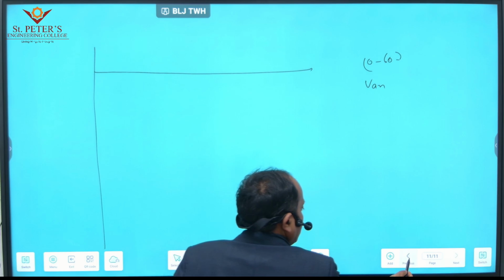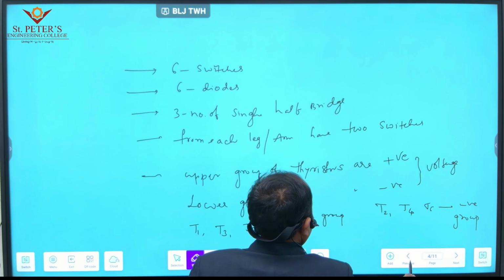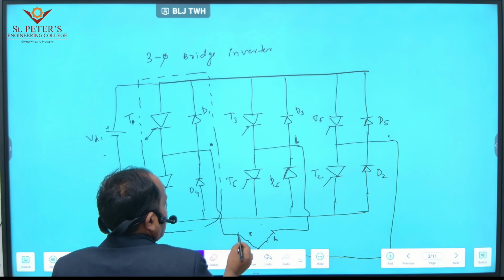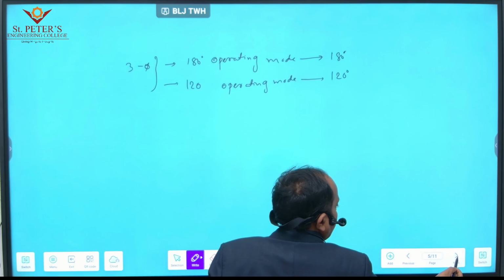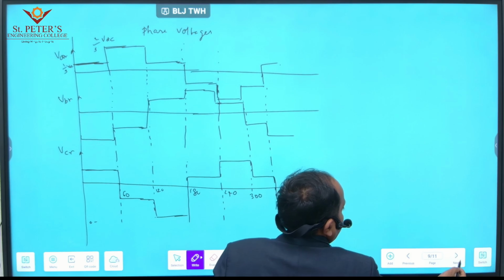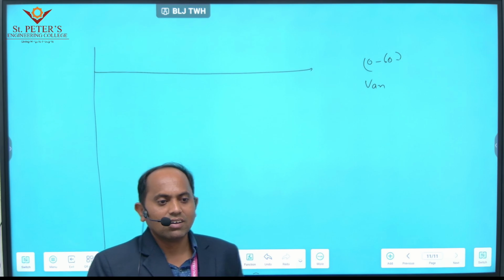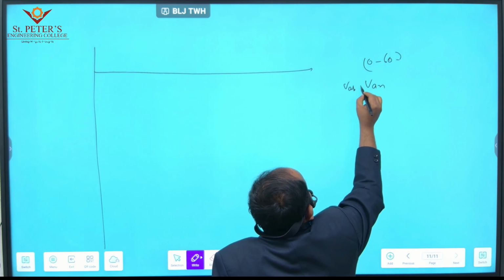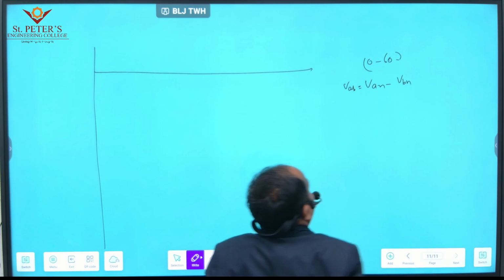From this diagram, the voltage across any two phases is VAB, VBC or VCA. So the voltage across any two phases is nothing but the difference of the phase voltages of those particular lines. That's why VAB is nothing but VAN minus VBN.